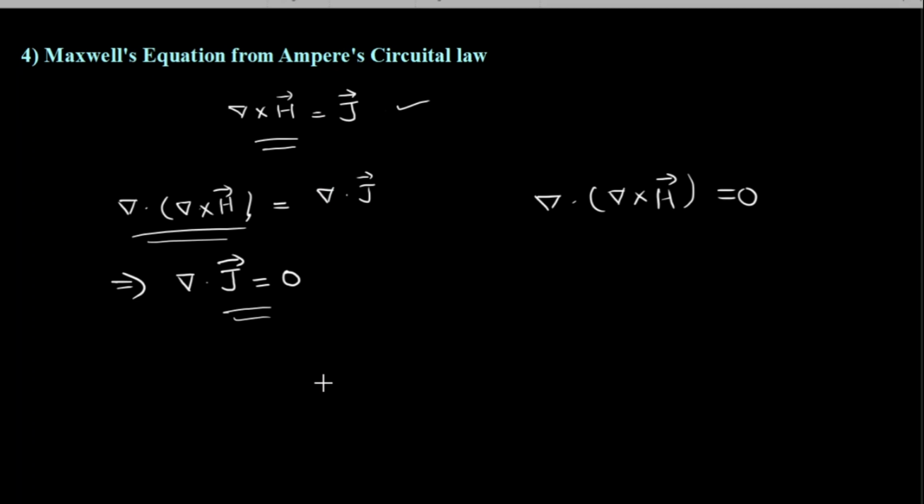We measure current density based on the number of current lines, basically current vectors coming out of a surface. That is how we measure J. Divergence of J means there should be some value.